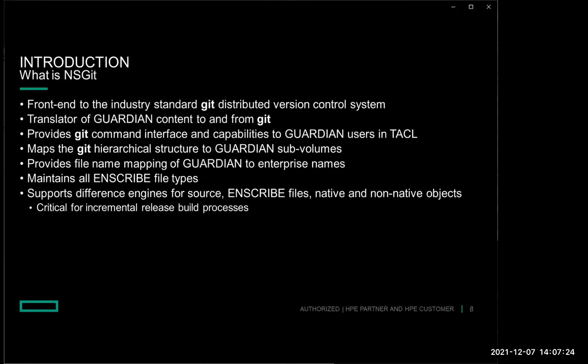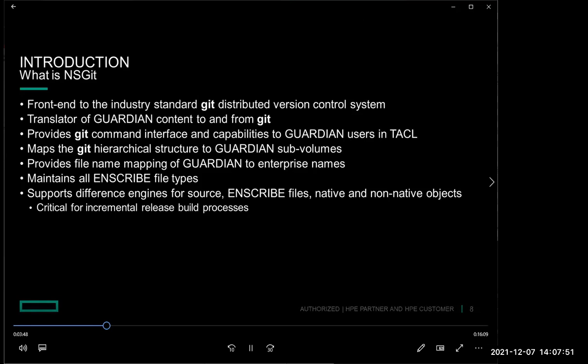What is NSGit? Simply put, NSGit is a front end to Git. It is the translator that allows Git to understand all Guardian content going into Git and coming out of Git. On its own, Git just understands simple text files. It really has no knowledge of all of our complex and subtle attributes that we've got to maintain in the Guardian space.